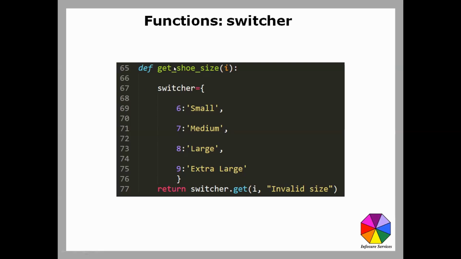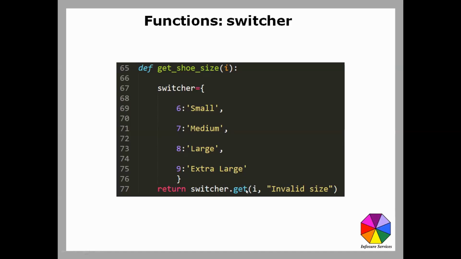Now inside this, we have the return. While returning, I'm saying dictionary name dot get, and I is passed here. That means my parameter I is here.